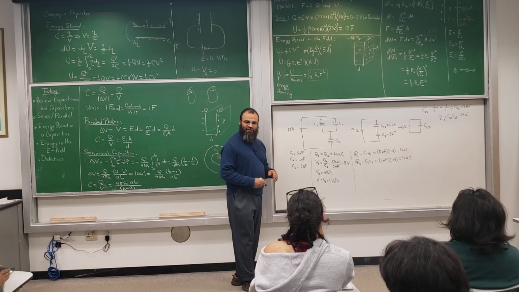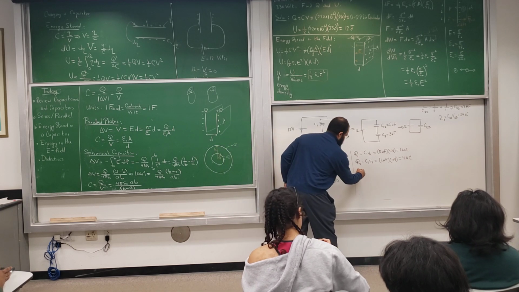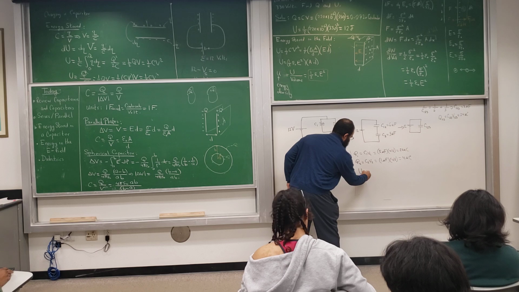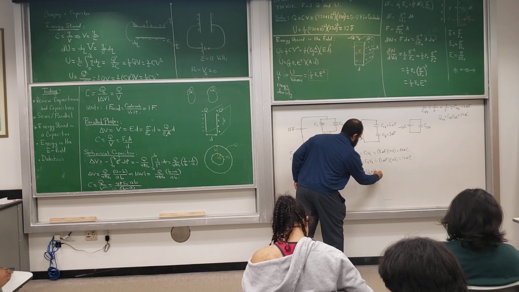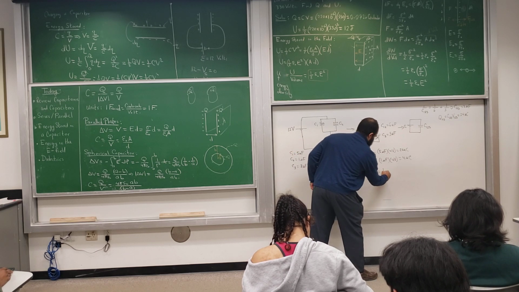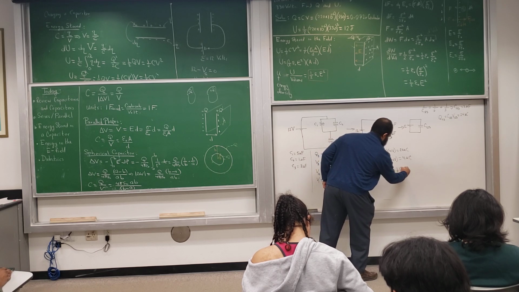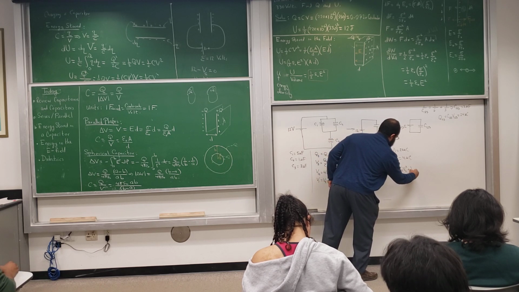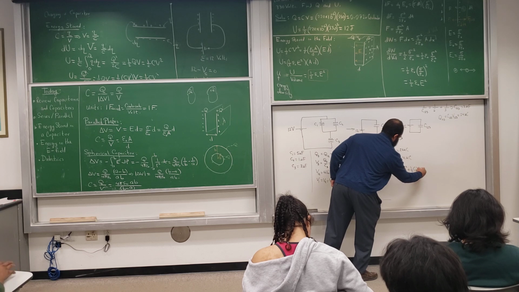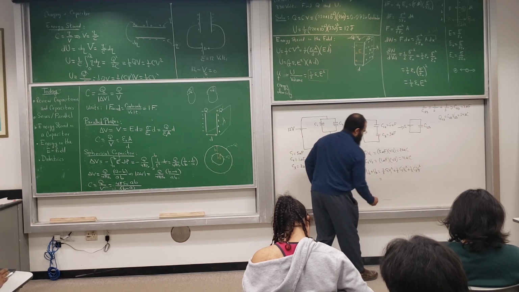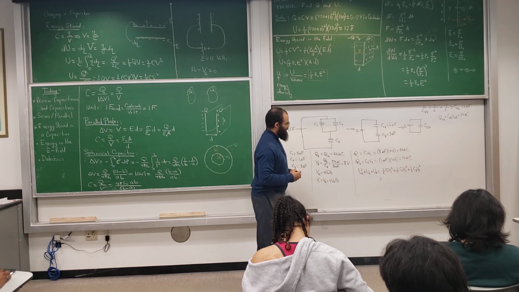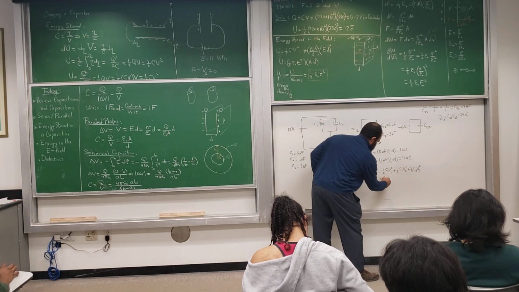Last but not least, let's find the total energy. U1 plus U2 plus U3 would be 1/2 C1 V1 squared plus 1/2 C2 V2 squared plus 1/2 C3 V3 squared. So what does it give us? 1/2.